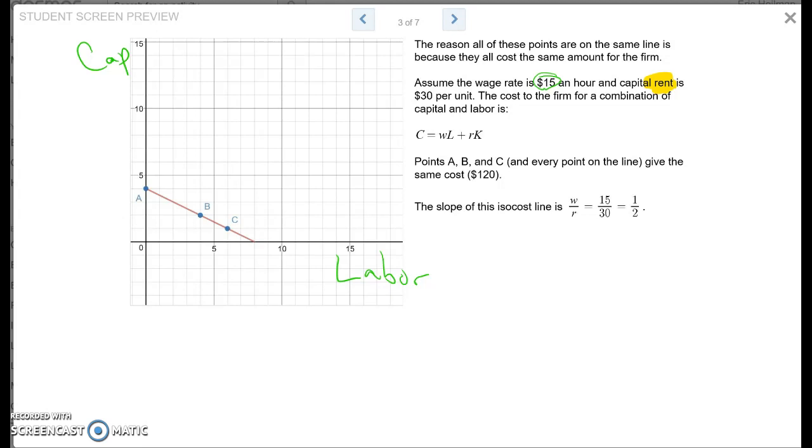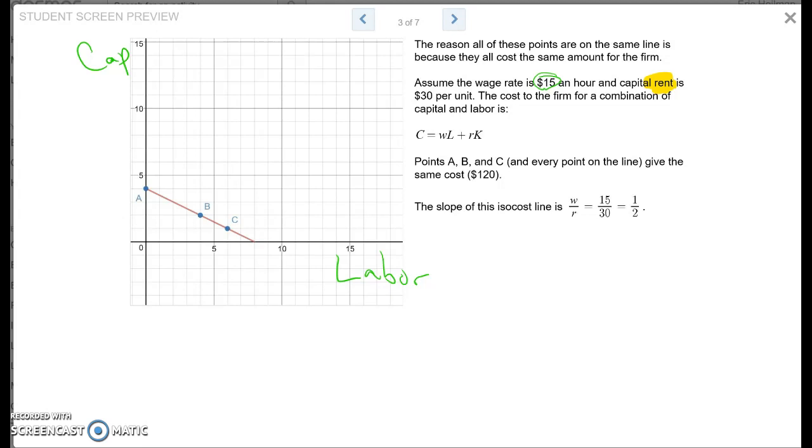You might have to pay for replacement parts and that sort of thing. So when we talk about rent to capital, that's just the price of what you have to pay to use the machines. Just like if you want people to work for you, you have to pay them a wage. If you want machines to work for you, you have to pay certain costs, and we call that rent.